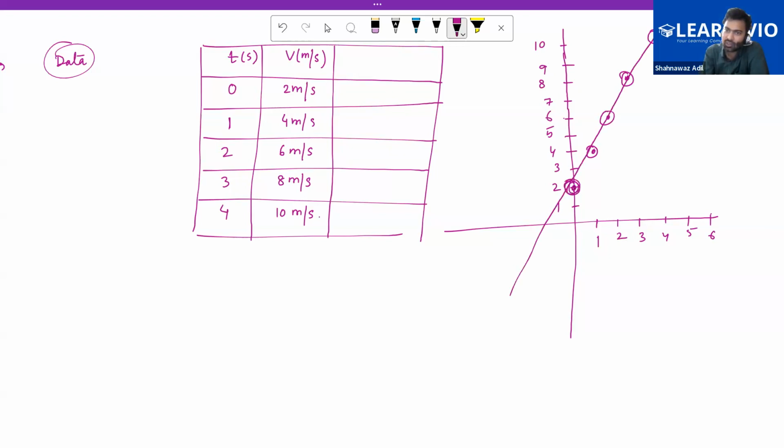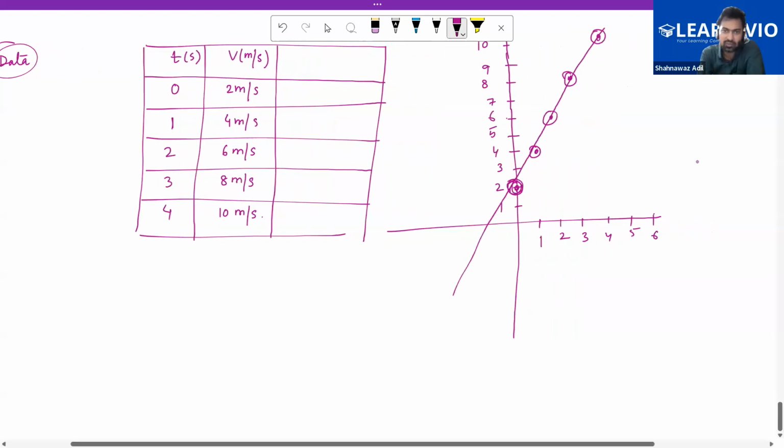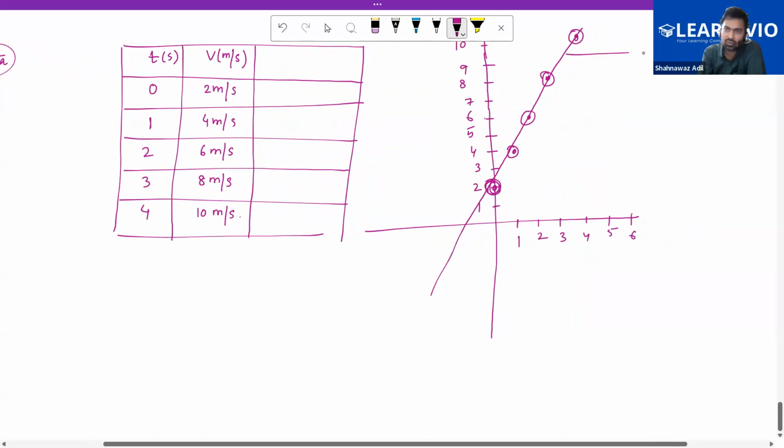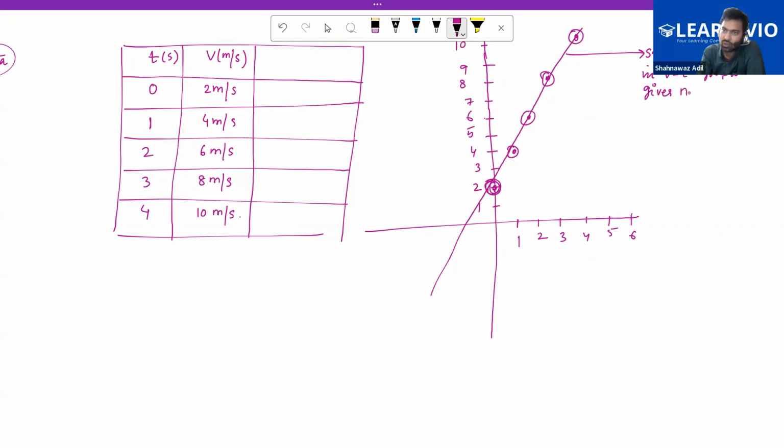So what kind of graph is this? Again, this is a straight line. A straight line in a VT graph gives non-uniform motion.